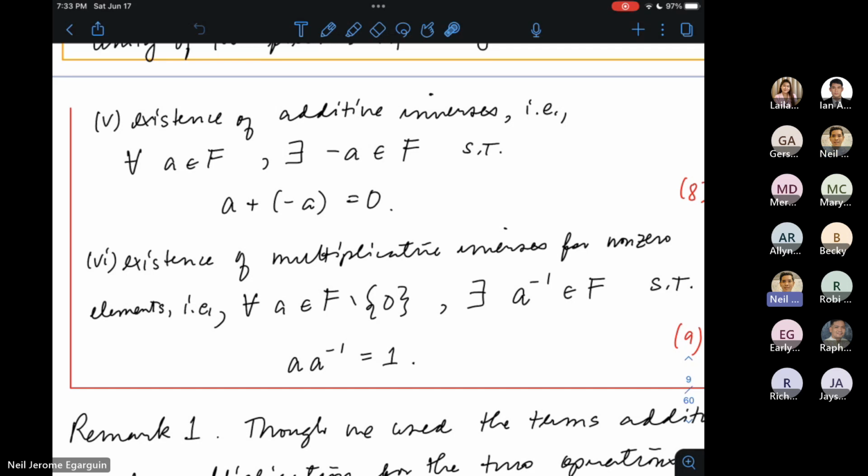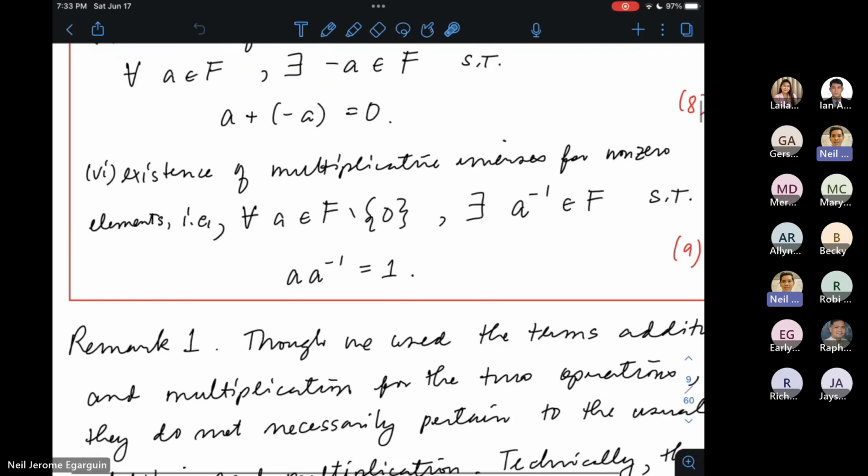Okay? And then a little different, last property, dapat mag-exist ang multiplicative inverse para sa lahat ng non-zero elements ni F, right? So, katulad pa rin nung additive inverse, yung multiplicative inverse, siya yung number na kailangan mong i-multiply doon sa member ng set para mapabalik yung multiplicative identity.